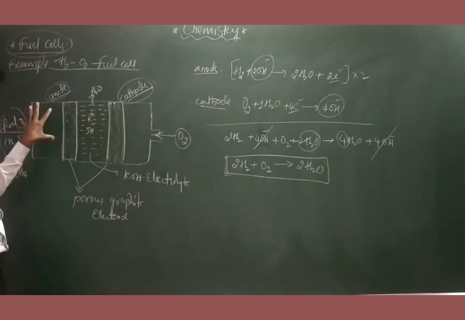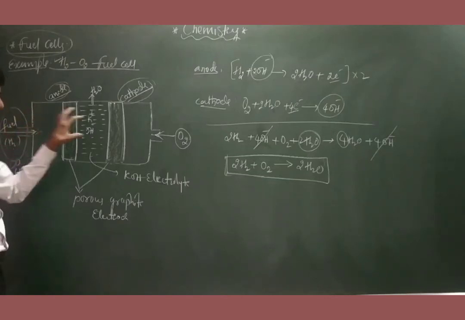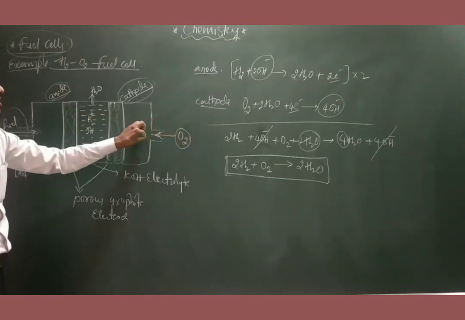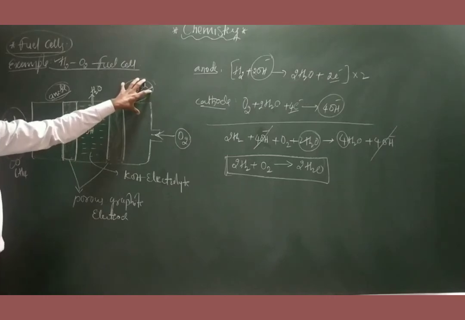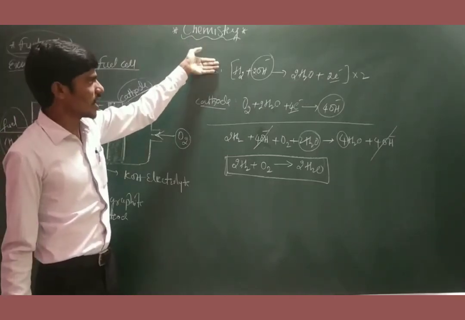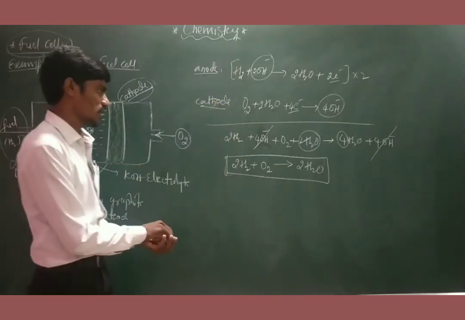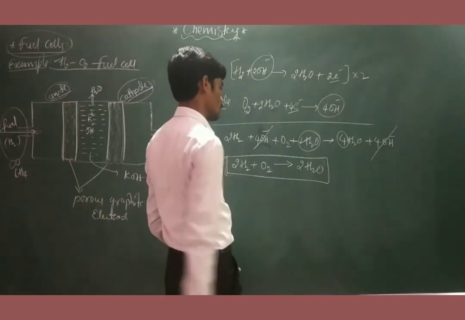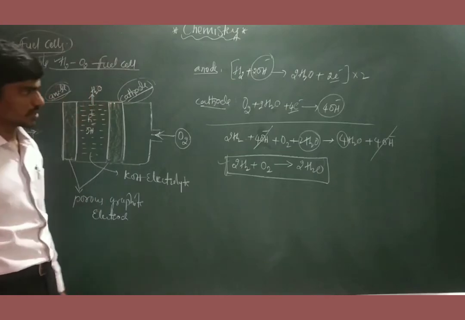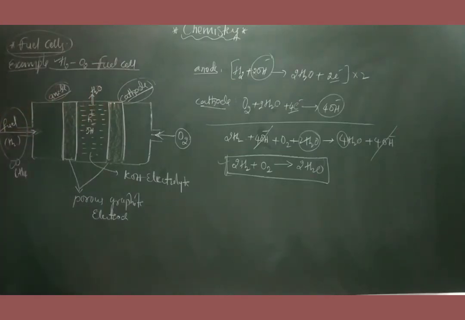At the anode the fuel undergoes oxidation, whereas oxygen gets reduced at the cathode compartment. The reactions at anode and cathode are given, and the overall equation is simply H2 plus O2 gives water. This is about fuel cells.